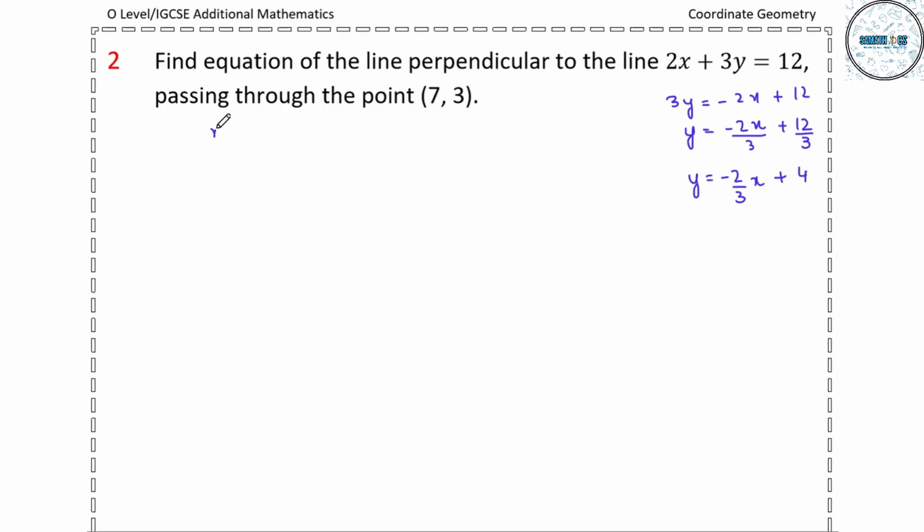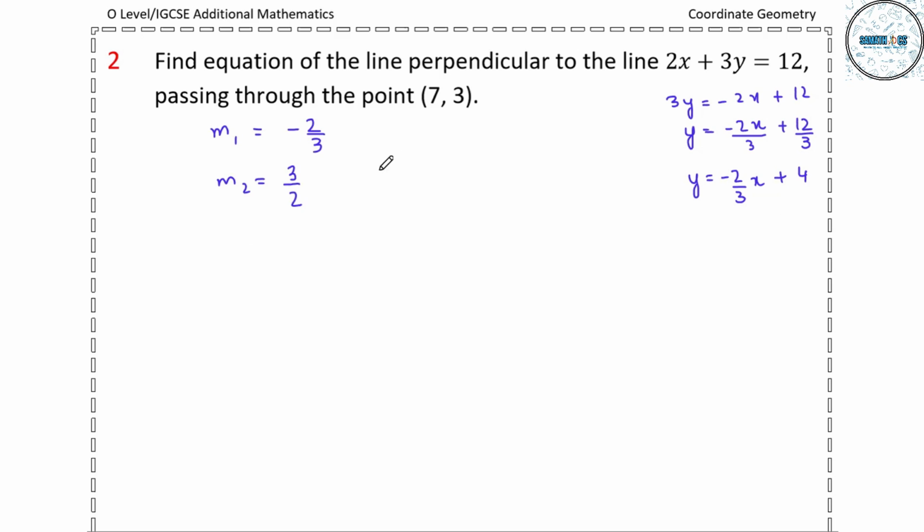So m1 is equal to minus 2 upon 3. As you have to form the equation of the line which is perpendicular to this, so m2 is equal to 3 upon 2. Negative reciprocal, if it is negative, it has to be positive. If it is 2 upon 3, it is to be 3 upon 2.